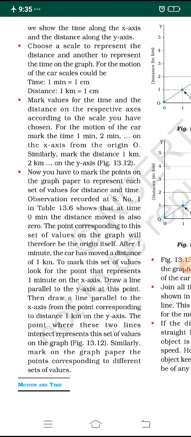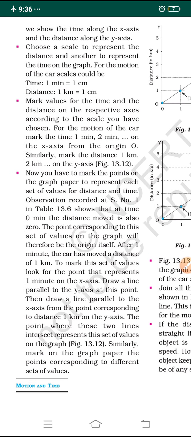Next, you have to mark the points on the graph paper to represent the set of values for the distance and the time, for the observations recorded at serial numbers 1 to 6.